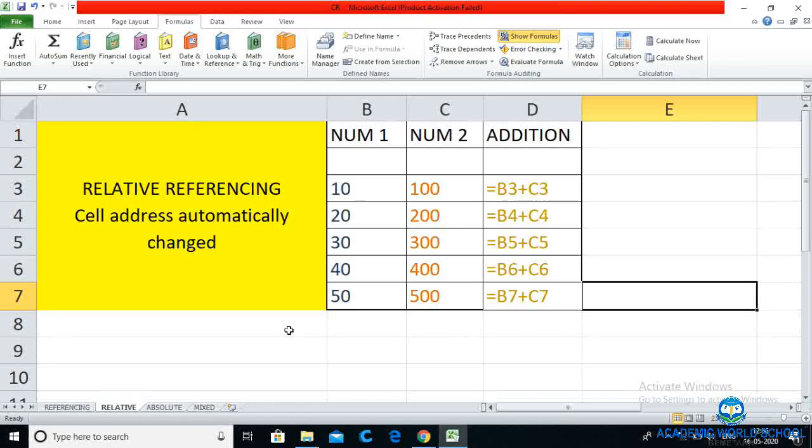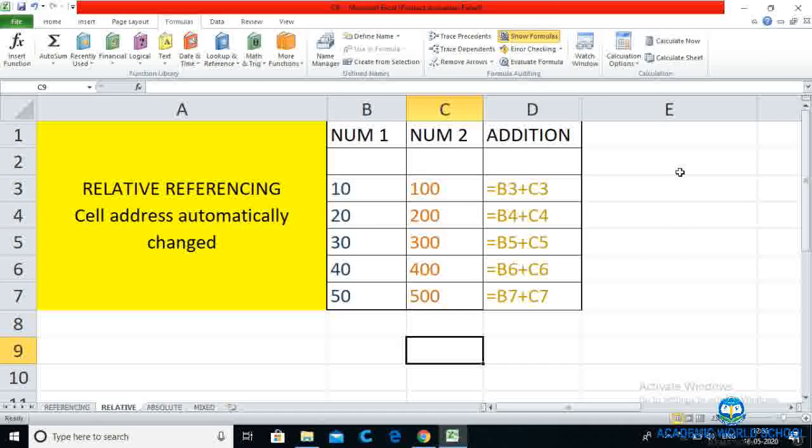Now, this is actually relative referencing, and what is the need of doing the referencing? If we take the value, we need to do it again and again, and if we take the cell address, there is no need of writing the formula again and again. Now we are done with the relative.